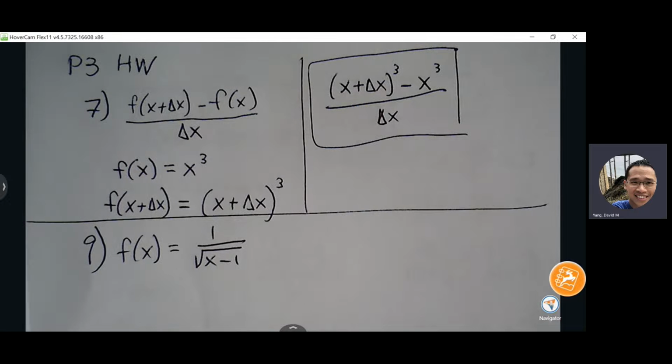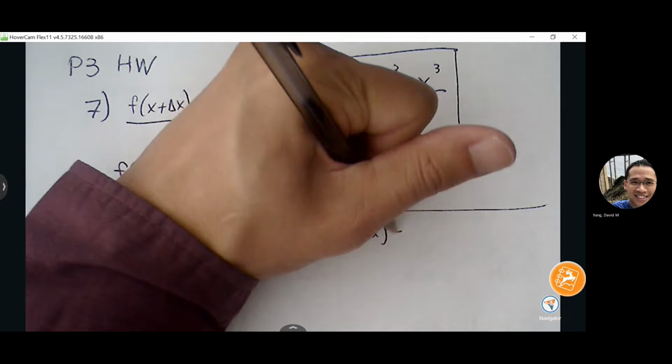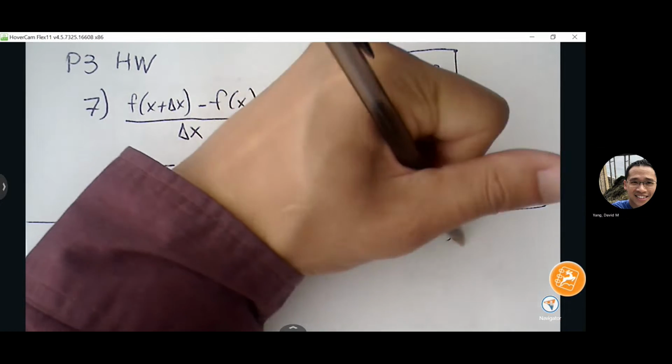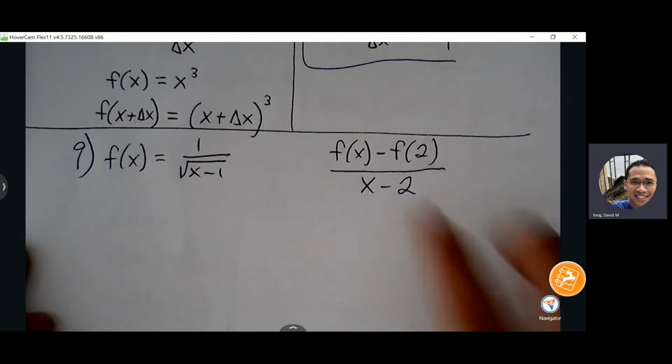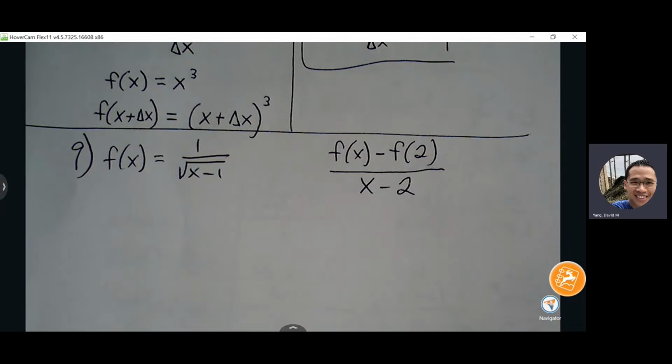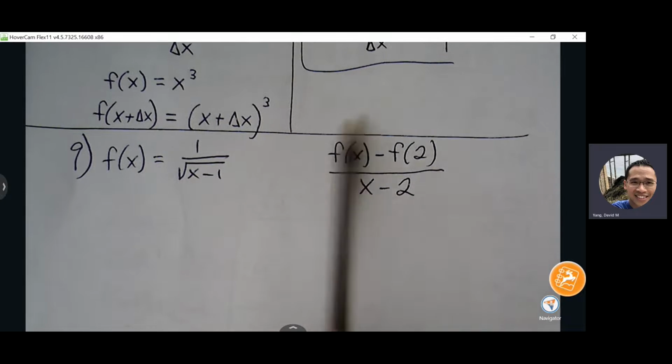Okay, so number 9 is asking for us to make the substitution needed so that f of x and f of 2 can be replaced. We just want to create a different version of this expression.